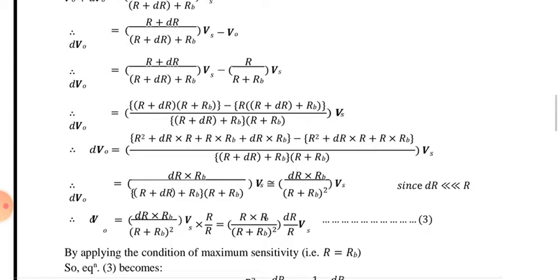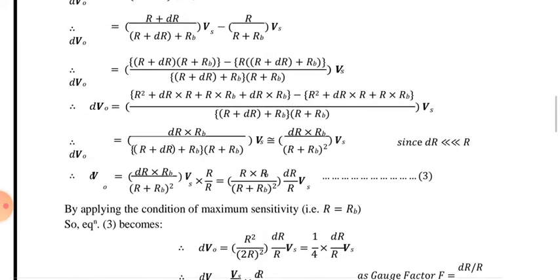So DR by R, and that R into RB upon (R plus RB) bracket square. So we have converted the relation in the form of DVO equal to R into RB upon (R plus RB) bracket square into DR by R into VS.